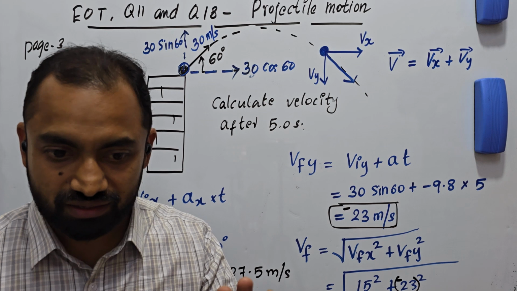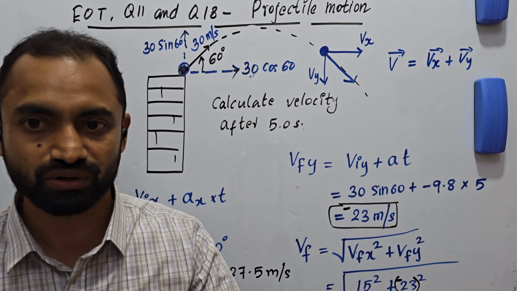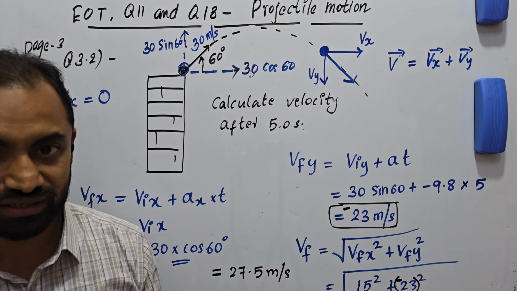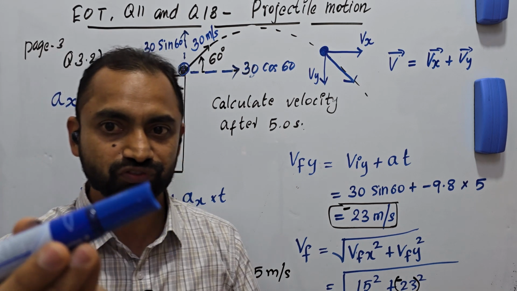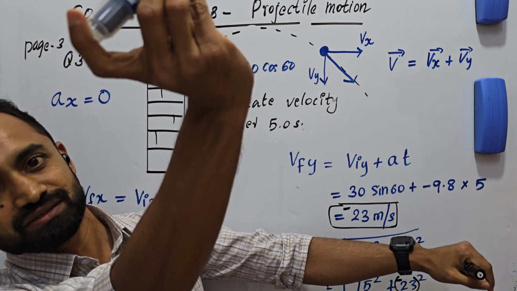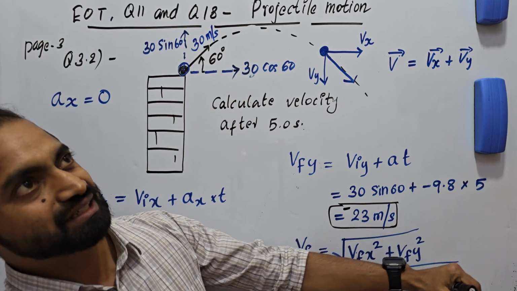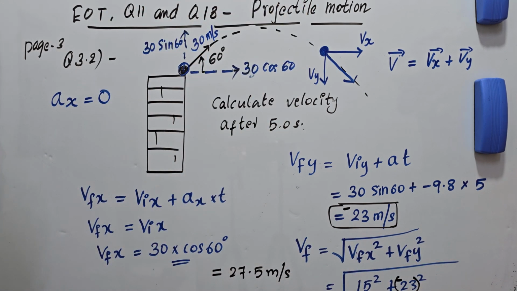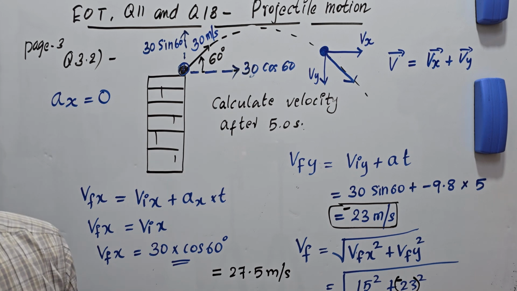Yes, 0 degrees, along the horizontal. So the angle is 0. In the second question, you are on the top of the building and you are throwing at an angle. So that is the difference in the questions. I hope you understand. Okay, we will move to the next question.